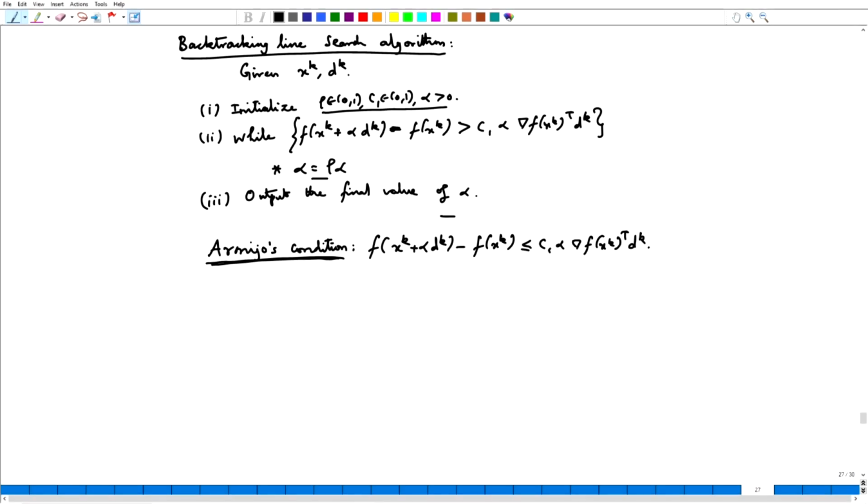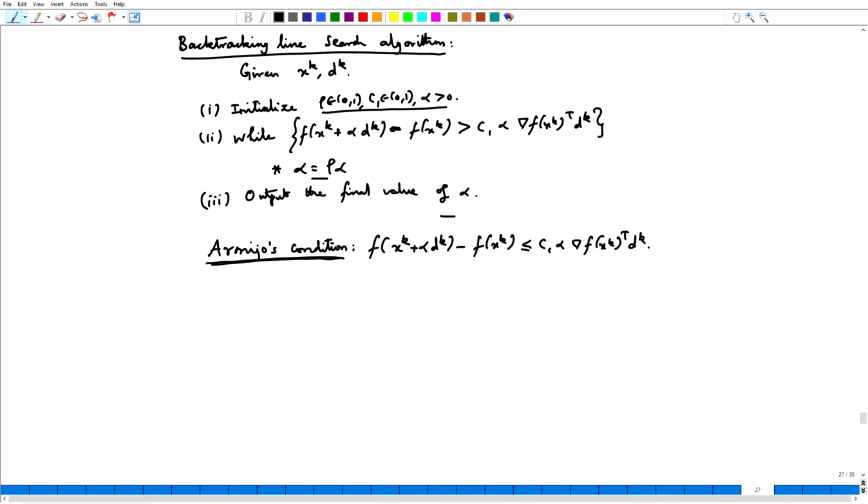Suppose it does not, then I shrink it again by a factor of 0.9, so alpha becomes 0.81. Then I look at it again, I see that Armijo's condition is not satisfied again, so I shrink alpha again by a factor of 0.9, because of which it becomes 0.729. Okay. So, you can keep going that way. You stop when the particular value of alpha satisfies Armijo's condition.